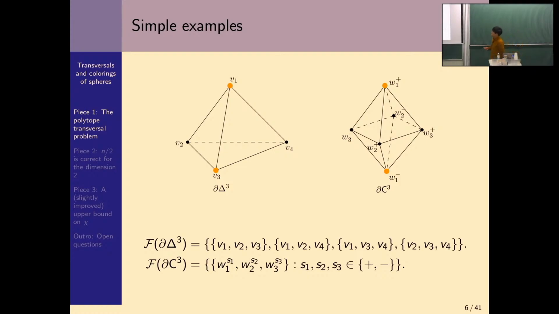On the left picture you see the tetrahedron, and on the right-hand side, the octahedron. For the tetrahedron, we collect the vertices of each of the facets. How many facets are there? Obviously, there are 4 facets. For each facet we collect the vertices: V1, V2, V3, then V2, V3, V4, and so on.